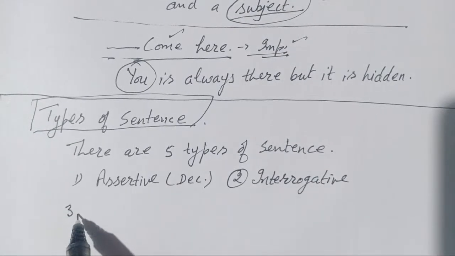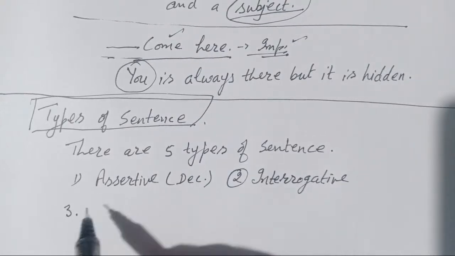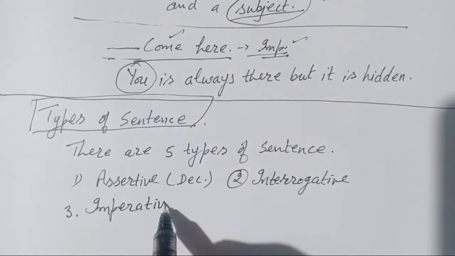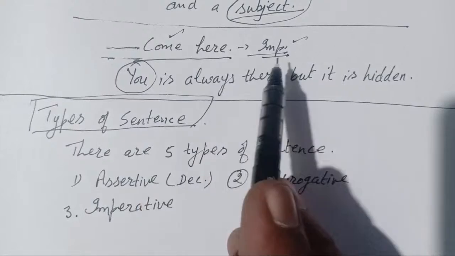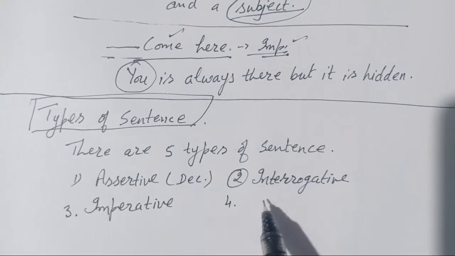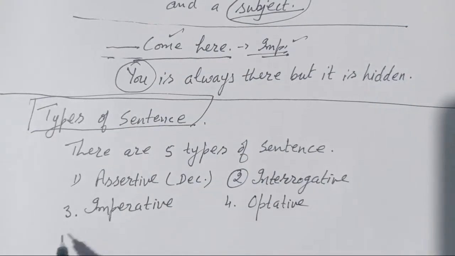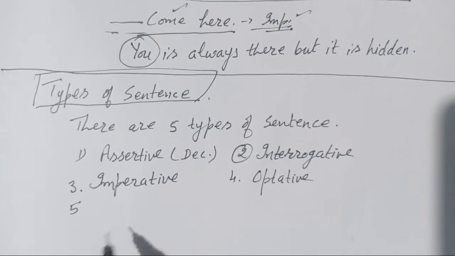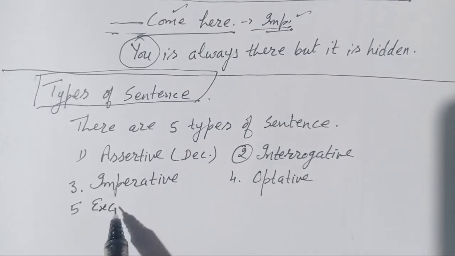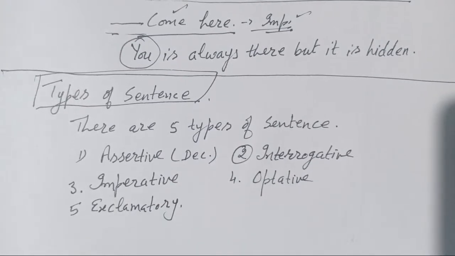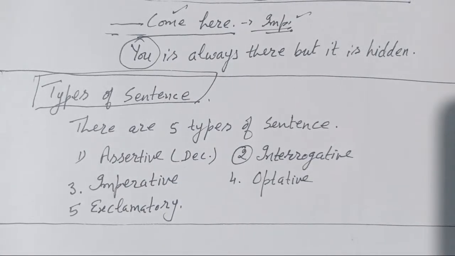Third type is imperative, which we discussed here in come here. Fourth type is optative, and the fifth type is exclamatory. Okay, let's discuss these five types one by one.